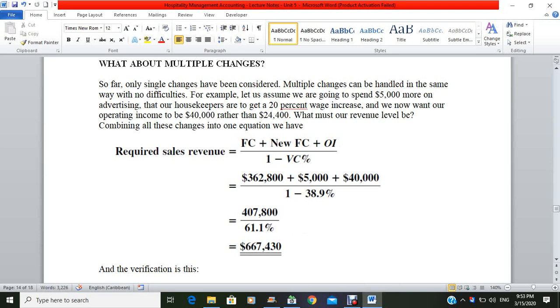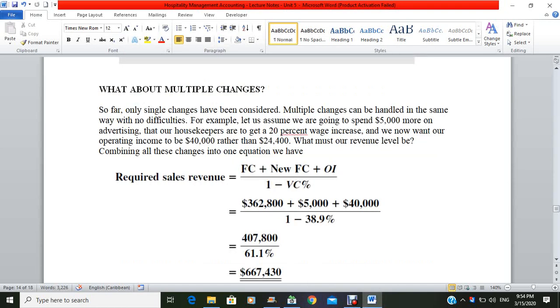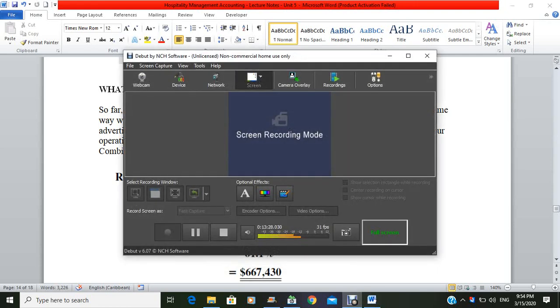The reason for this is because of the 20% wage increase. Good? Follow me? Alright. I must backtrack a little bit. The 38.9% was not because of the wage increase, alright? My apologies. I should not have said such.